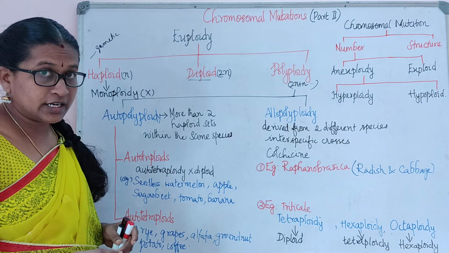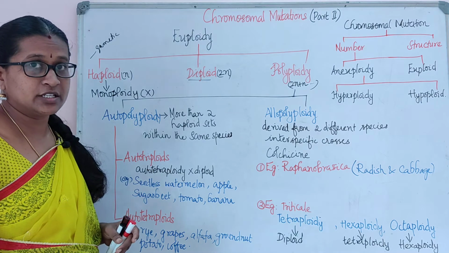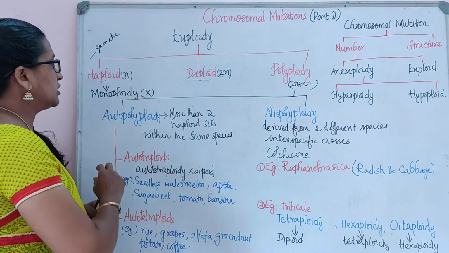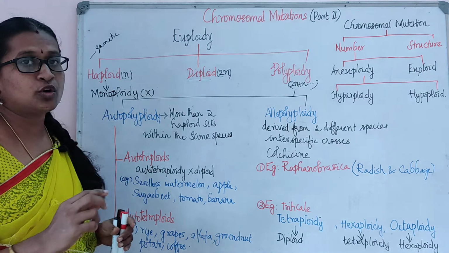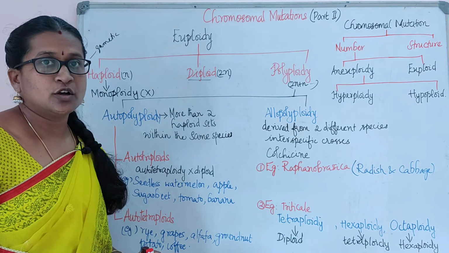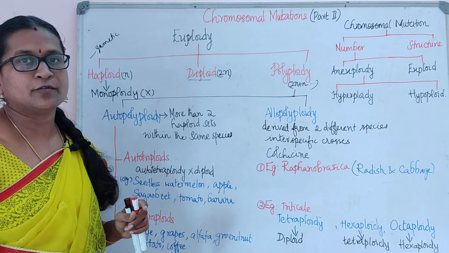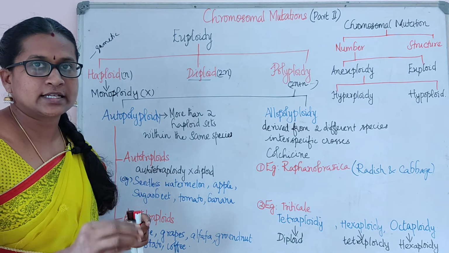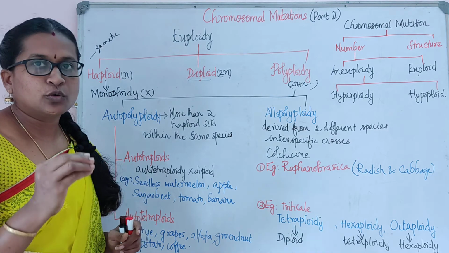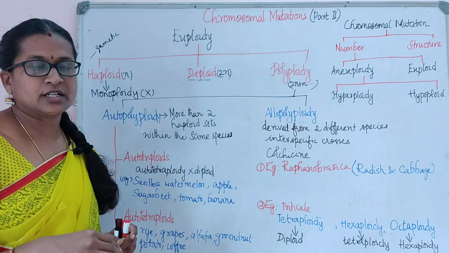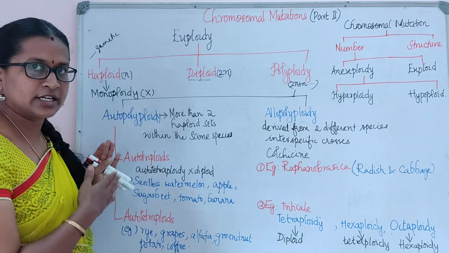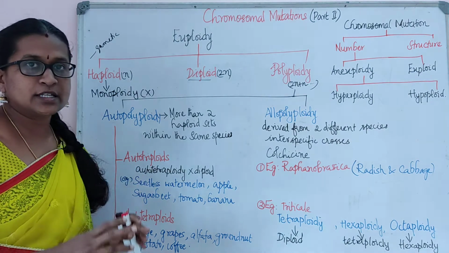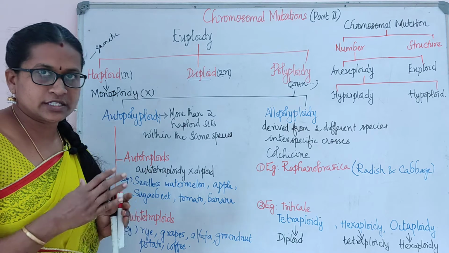Otherwise, monoploidy is not present except at the time of ploidy. What is the time of ploidy? There is a chance of chromosomal disturbances, that is addition or deletion. When it exhibits that addition, monoploidy is there.